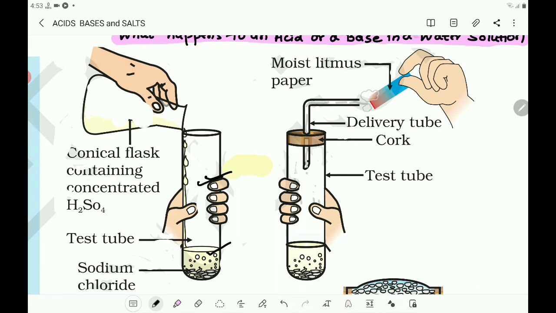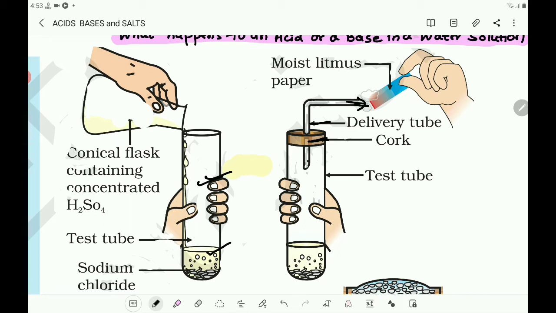Then fill the upper end of the test tube with a cork, and that cork is to be fitted with a delivery tube, and the reaction between the H2SO4 and sodium chloride liberates hydrochloric acid.